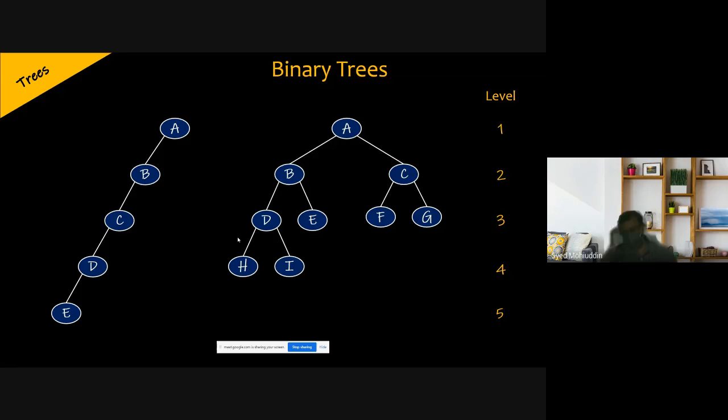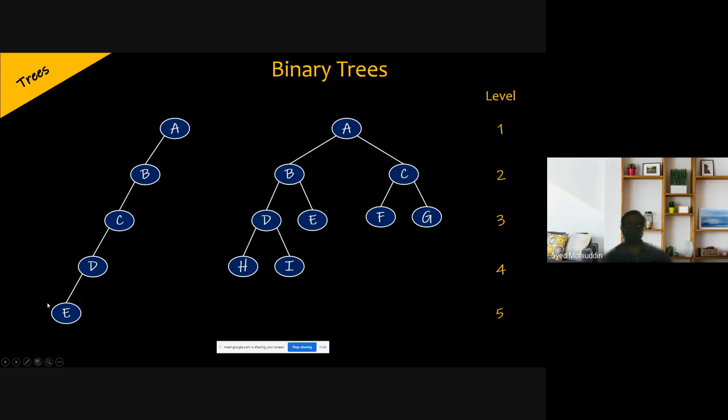So in this larger tree, A has two children, B has two, D also has two. H, I, E, F, and G are leaf nodes. They don't have any children, so this is a binary tree. And the levels of this binary tree are: A on the first level, B, C on the second, D, E, F on the third, and H and I on the fourth level.